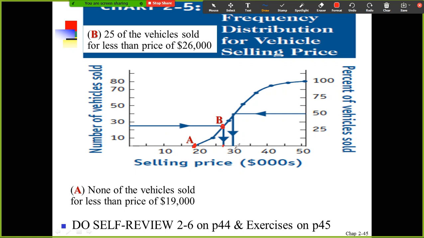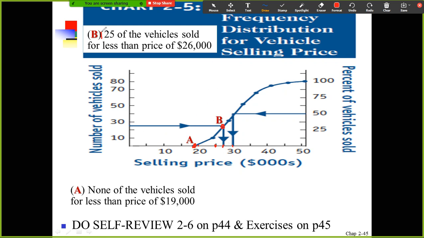This is 30,000, this is 20,000, this is 25,000. Is it 26,000? Not really, maybe 26,000 something, maybe 26,500, or maybe 27 something. But I say 26 something.